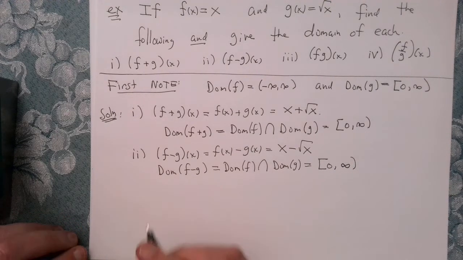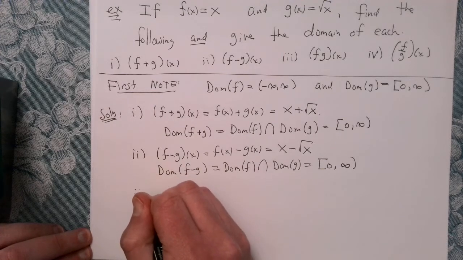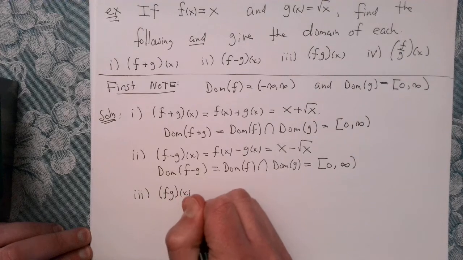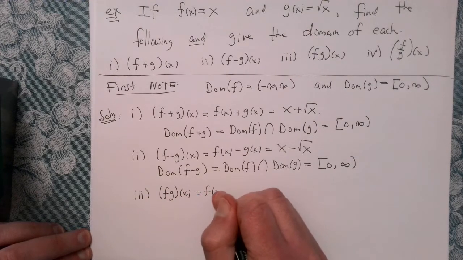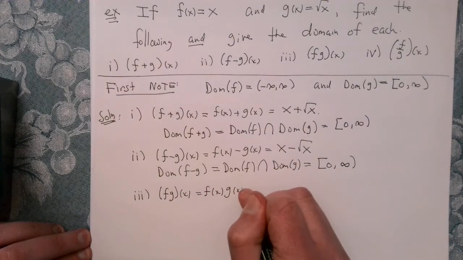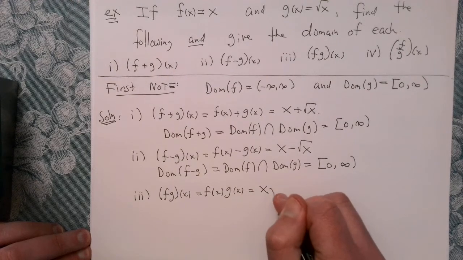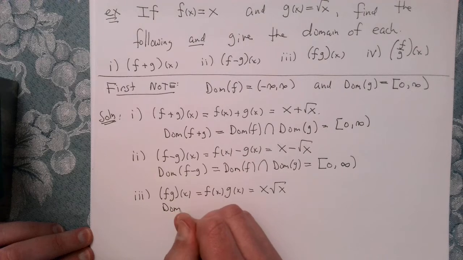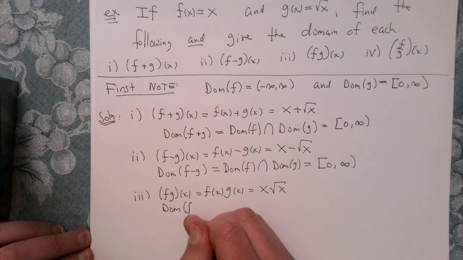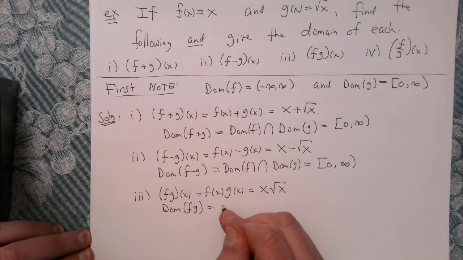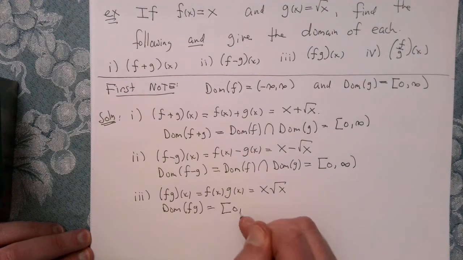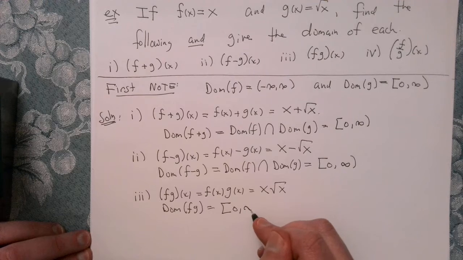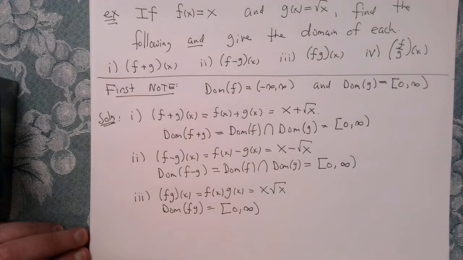And so now we look at the product. So f times g of x, that's defined as f of x times g of x. That's exactly x times radical x. And then the domain is, again, the interval from 0 to infinity, including 0.